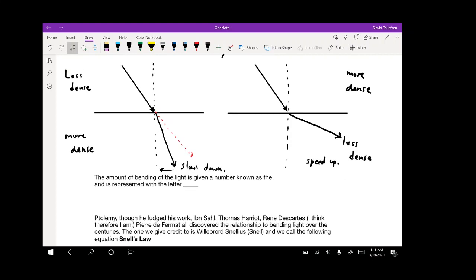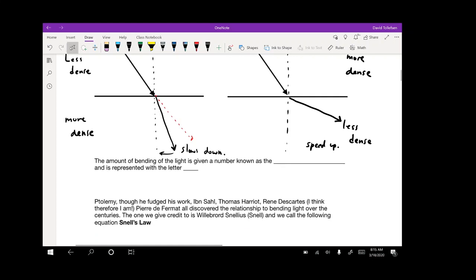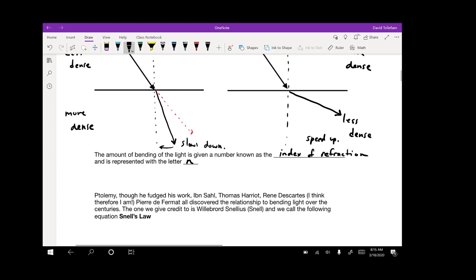The amount of bending of the light is given a number, and we call this the index of refraction. And we represent that with the letter n. And n is pretty easy to find. We know the speed of light is c. c equals 3 times 10 to the 8th meters per second. n is just a ratio. So it's the ratio of the speed of light over the speed in the medium.